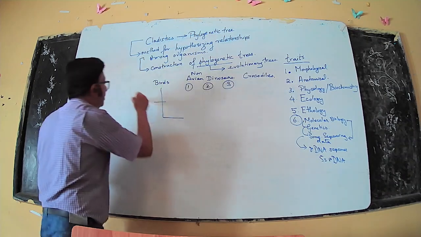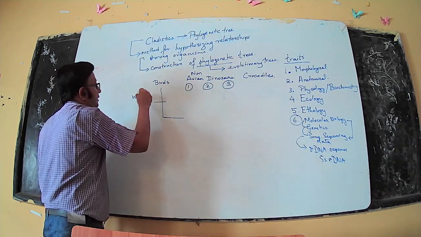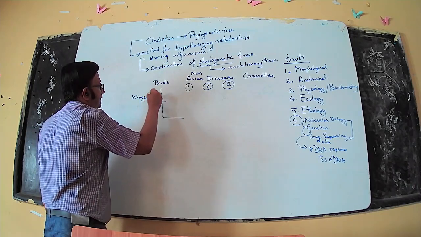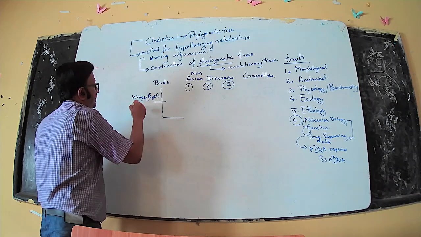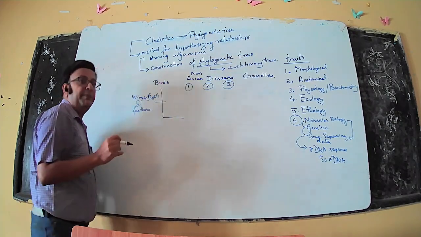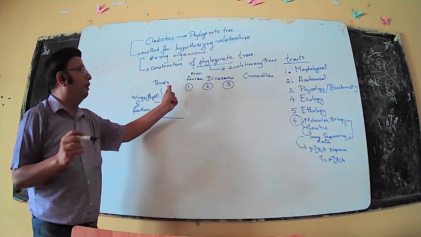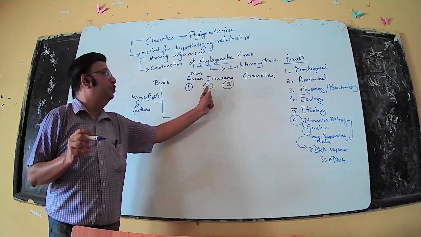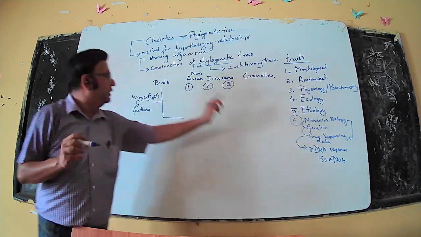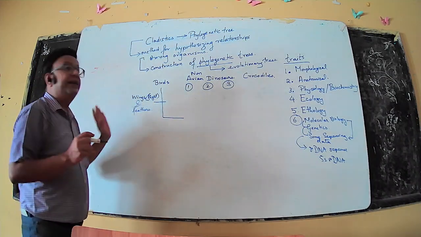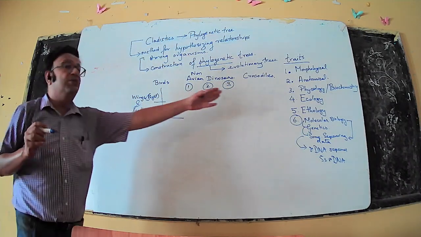Birds have got wings, that is flight, and feathers. And this type of a character among the organisms which are studied, birds, avian, non-avian dinosaur 1, 2 and 3 and crocodiles, you see that birds have got one additional character, that is wings and feathers, which they don't have.